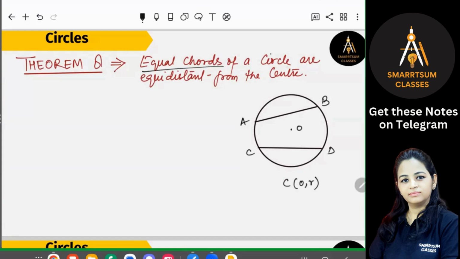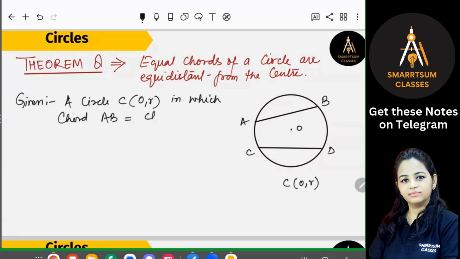Now, these equal chords of the circle are equidistant. What does it mean? That means from the center they are equidistant. What is given here? A circle C(O, r), in which chord AB is equal to chord CD. These chords are equal in length.